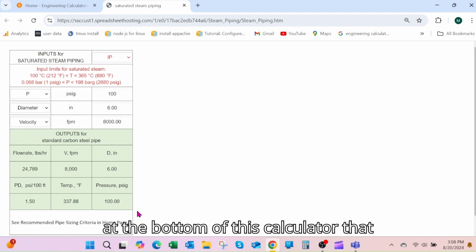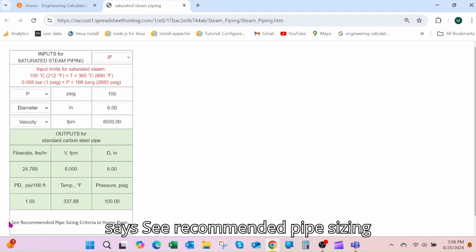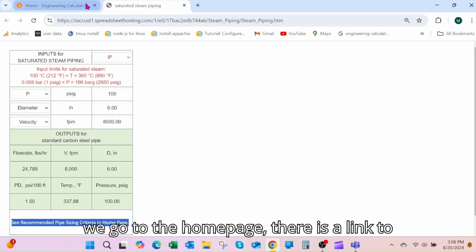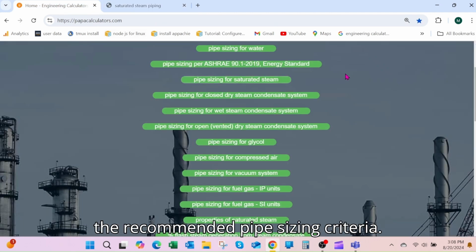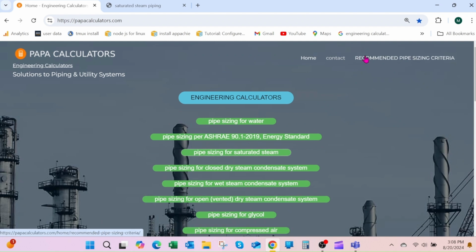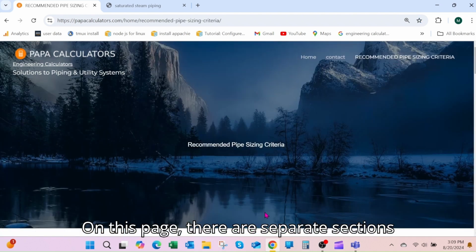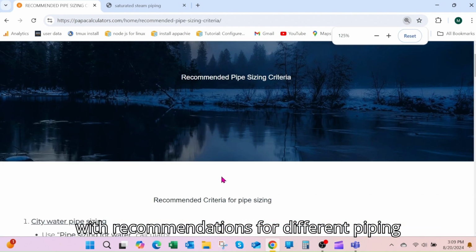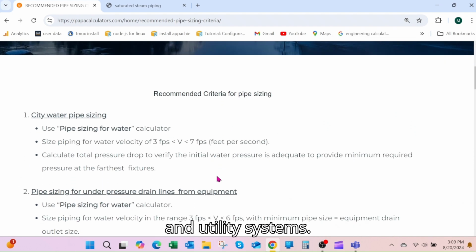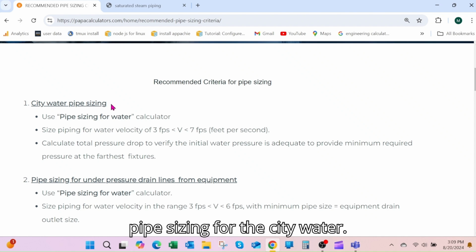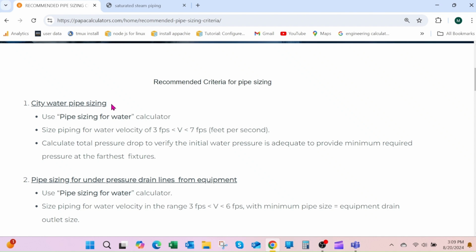There is a note at the bottom of this calculator that says, "See recommended pipe sizing criteria in homepage." If we go to the homepage, there is a link to the recommended pipe sizing criteria. Clicking on the link, the page pops up. On this page, there are separate sections with recommendations for different piping and utility systems. Section 1 provides recommendations for pipe sizing for the city water.